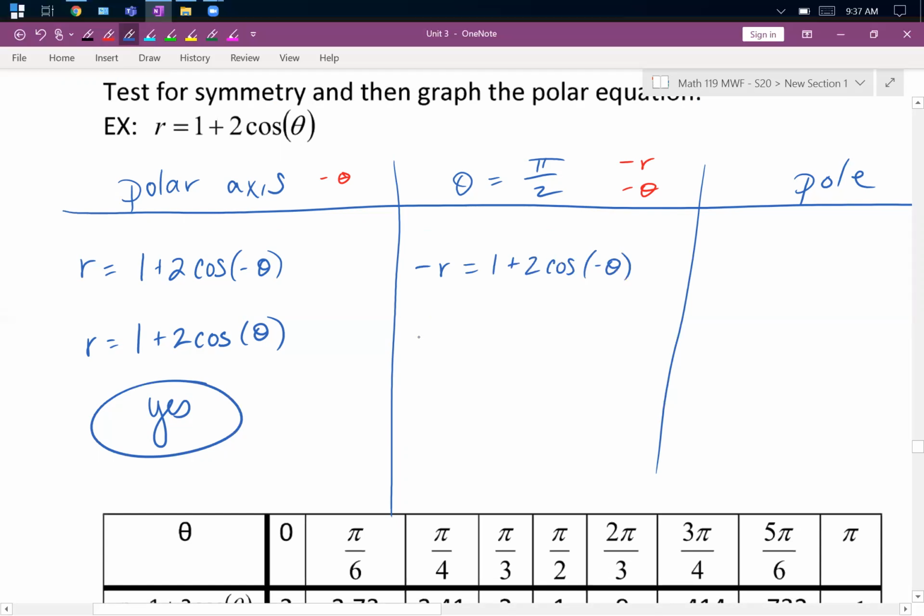We'll use our negative angle identity to simplify the right side, and that turns into just plus 2 cosine theta. And then we want to see if we can turn it into the original. We could try dividing through by -1, but that's not going to give us the original. So this is a maybe.